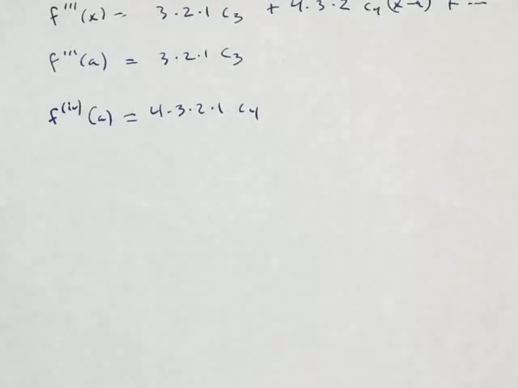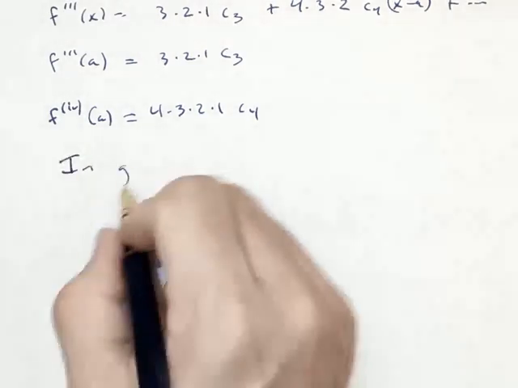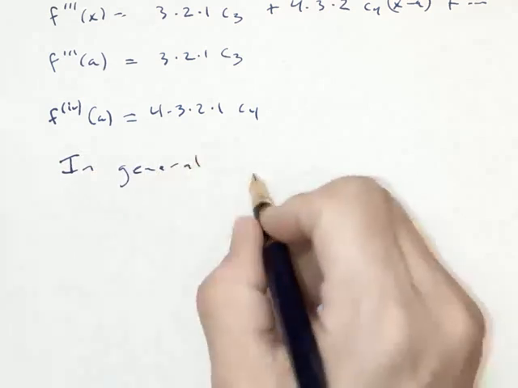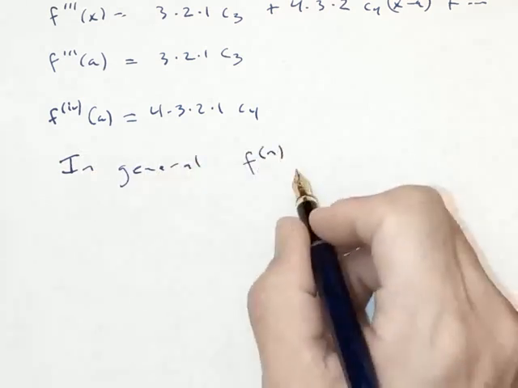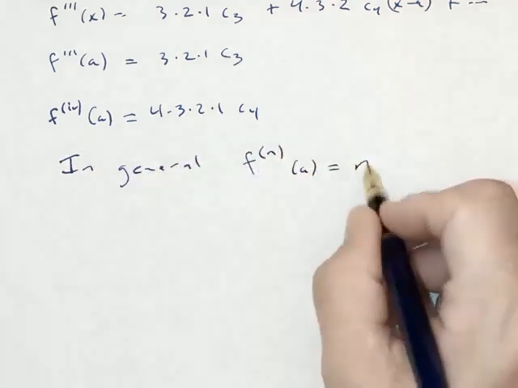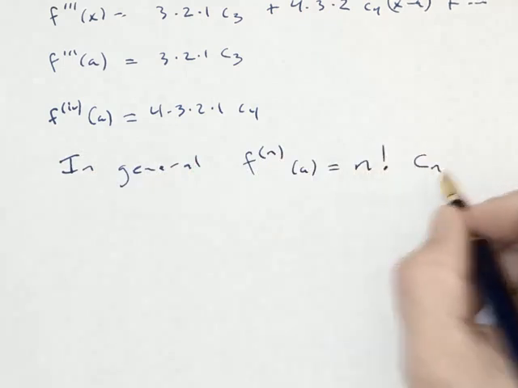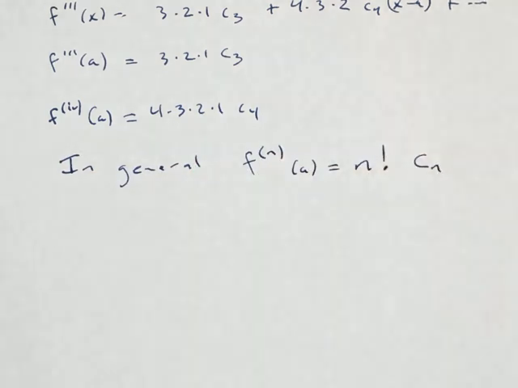Always, no matter how many derivatives I take. And then my brain says, wait a minute, 4 times 3 times 2 times 1, that's a factorial. 3 times 2 times 1, that's a factorial.